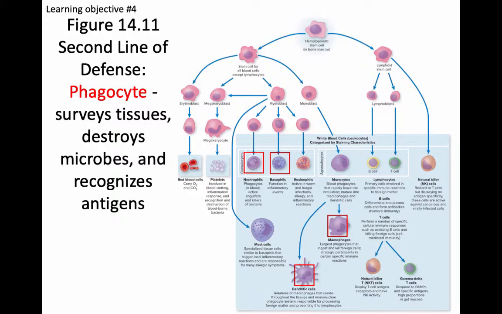So they have the ability to locate and destroy foreign invading microbes. So in this figure, I would just like you to be familiar with the types of cells that are phagocytes, but you don't need to know where they derive from.